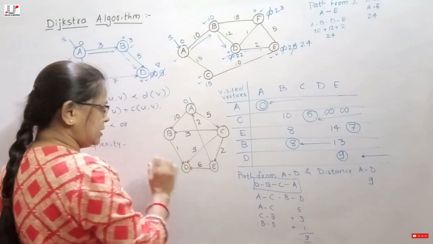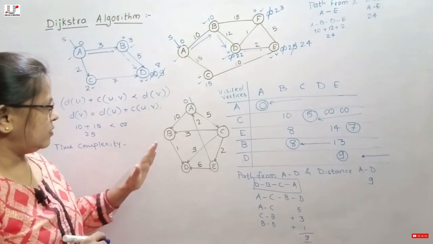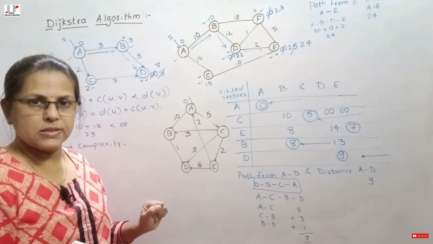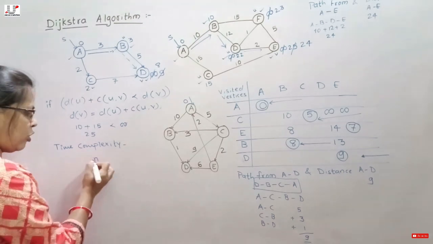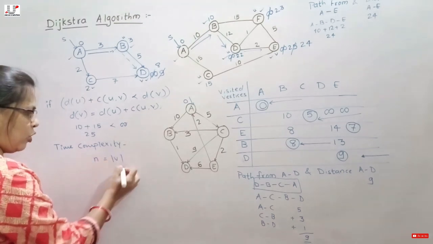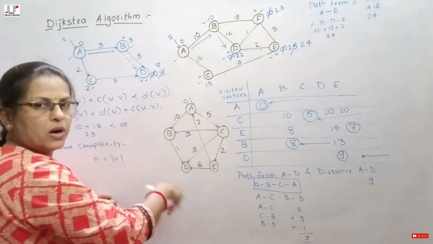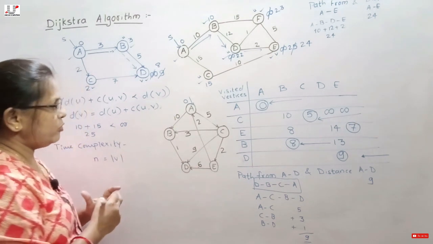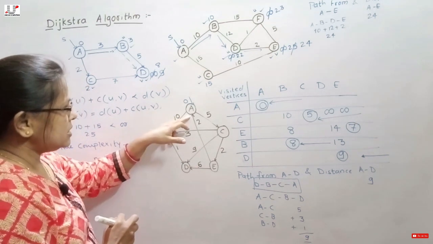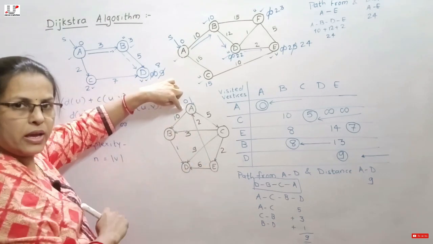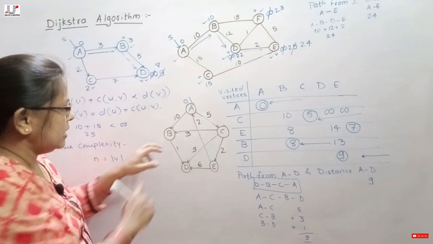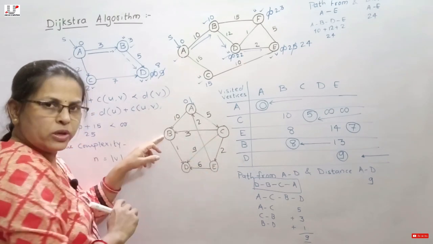As the graph contains n number of vertices, or we say V vertices, from A there are two outgoing edges. From C it has three outgoing edges.